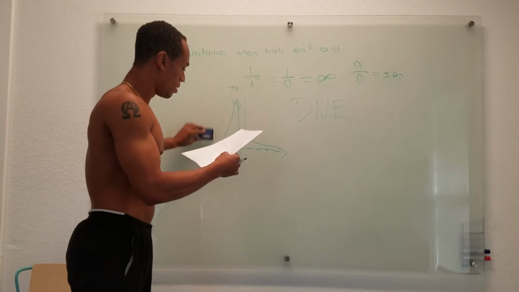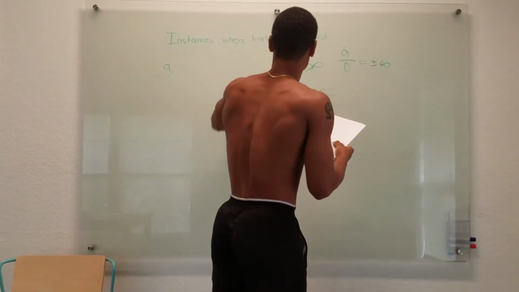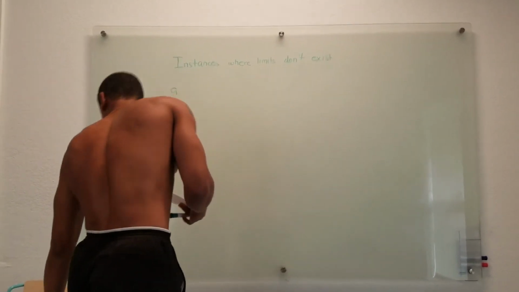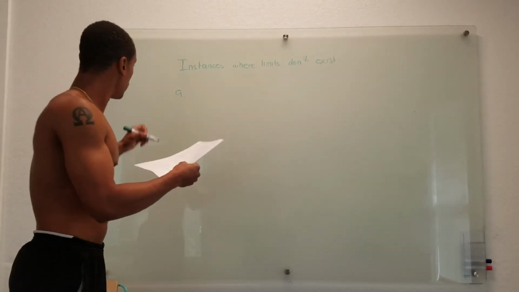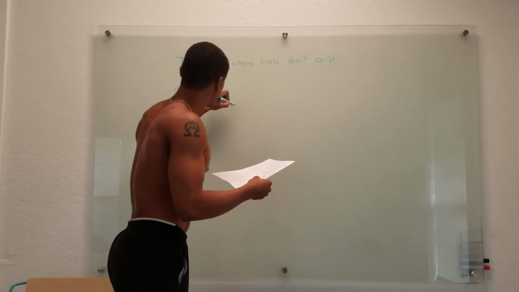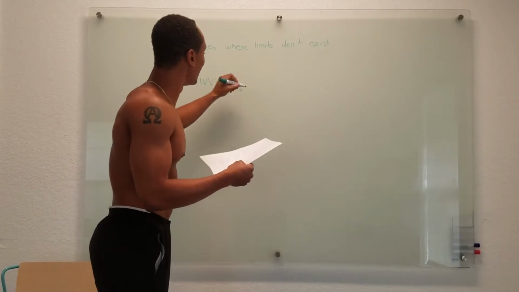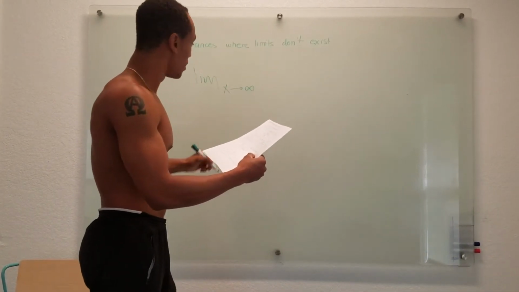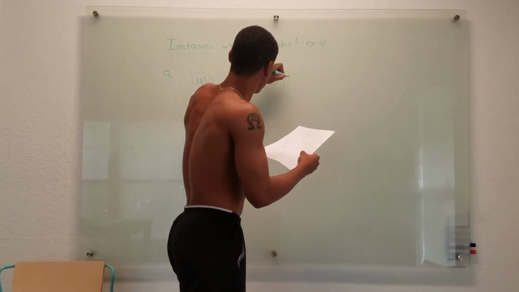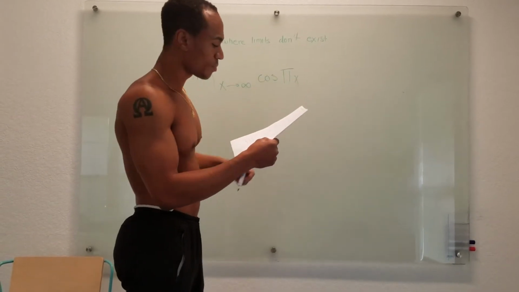All right. Last example. Let's take the limit as x approaches infinity of cosine of pi times x.